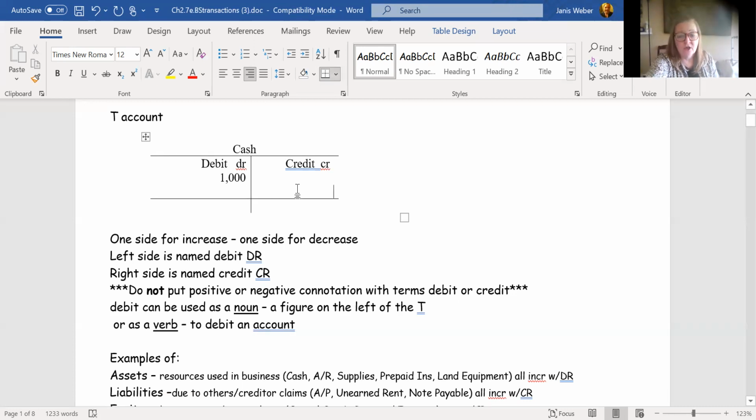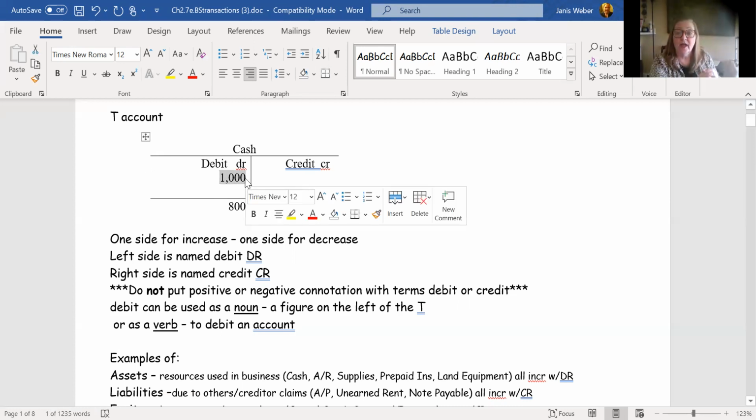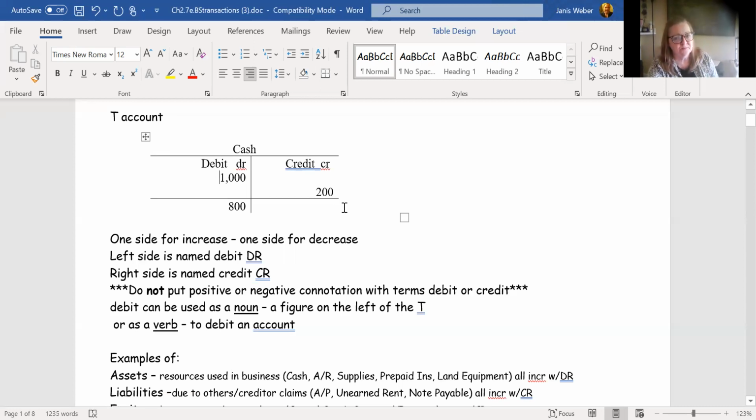And that $200 was a $200 credit to the cash account. And then when you looked at that $800 I had in there, that was the $800 debit balance in the cash account. So the term debit or credit can be a noun, meaning that is a debit in the account, this $1,000, or it can be a verb, which means I'm going to debit the account by $1,000. Okay, so all we've done here is just establish that there's a debit side and a credit side.